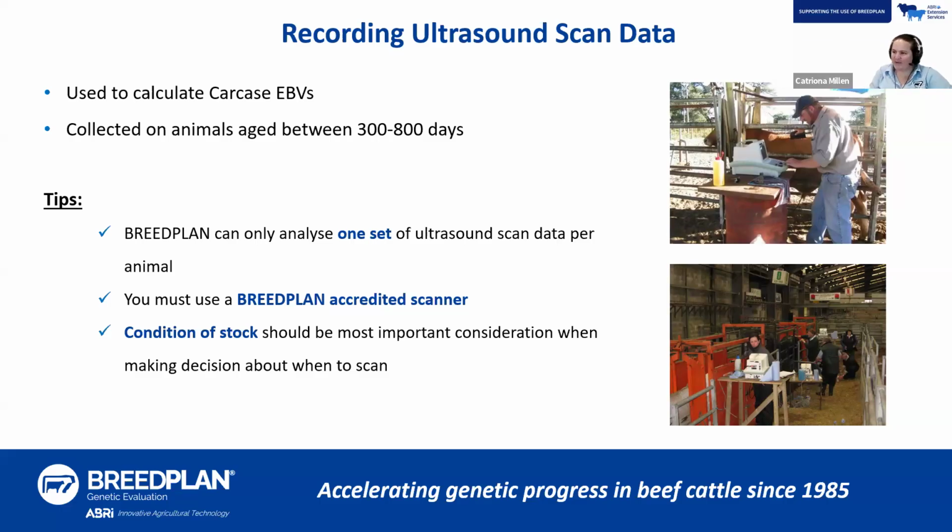That may not be such a problem across in the UK and Europe, but certainly here for us, if we've gone through a drought period, for example, and animals have had limited feed and then come out and had good feed, we don't want to be scanning them. We want them to have been on a nice, even rising plane of nutrition ahead of scanning.